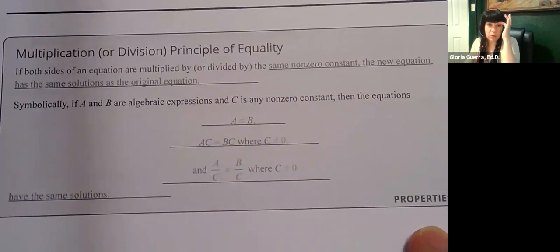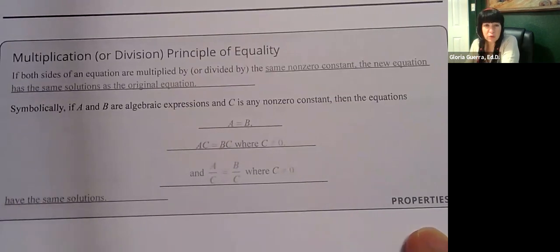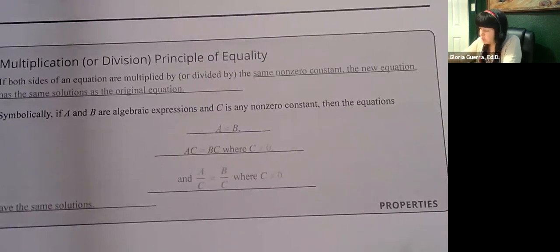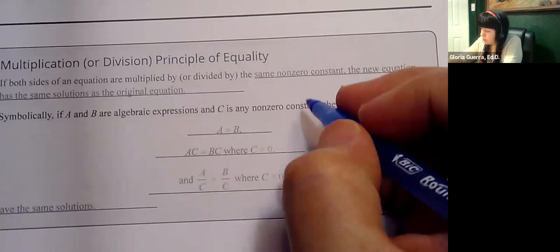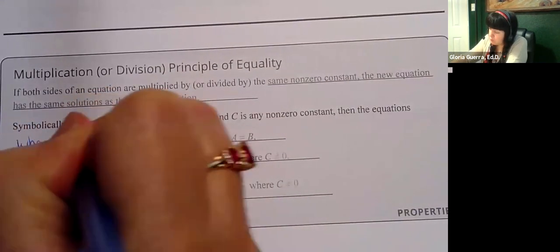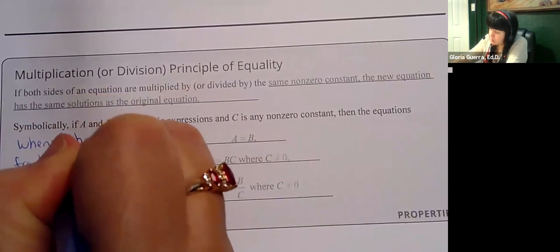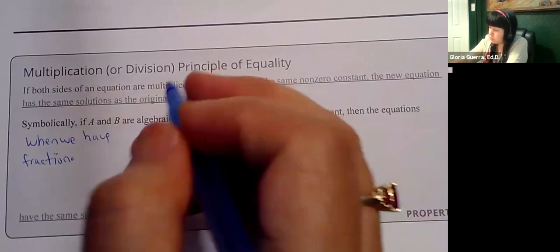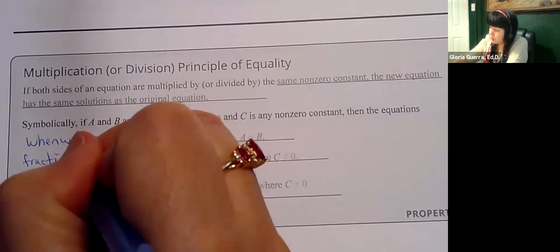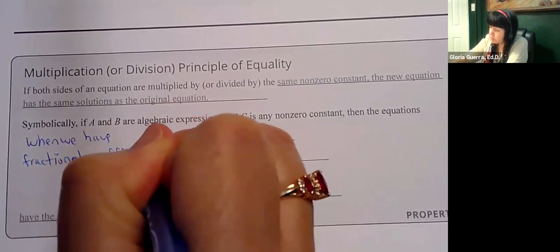Okay. So usually you multiply both sides by the term. What I'll usually use that for is if I have fractions. So when we have fractional coefficients, that means that the number in front of the variable is a fraction.